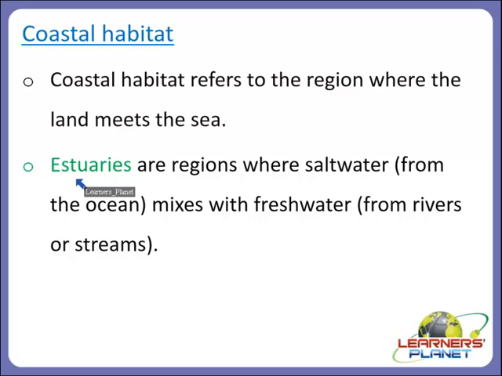So basically, coastal habitat comprises the regions known as estuaries, where salt water mixes with fresh water, the region where land meets the sea, and even swamps and wetlands.